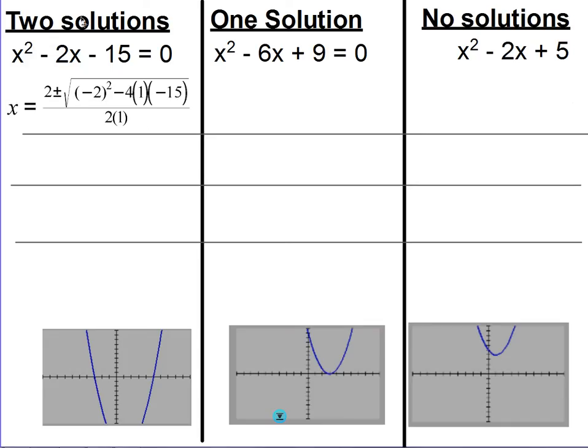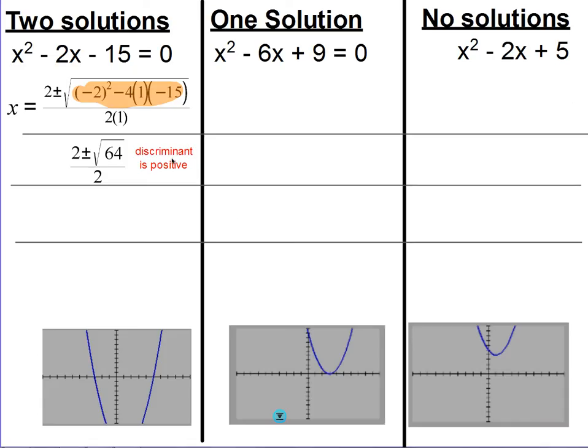Here is 2 solutions. Sub everything in. Once I have everything subbed in, I'll simplify under the radical. And I get a positive number. I have a positive discriminant.